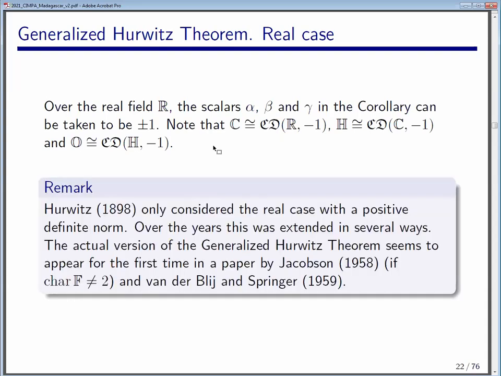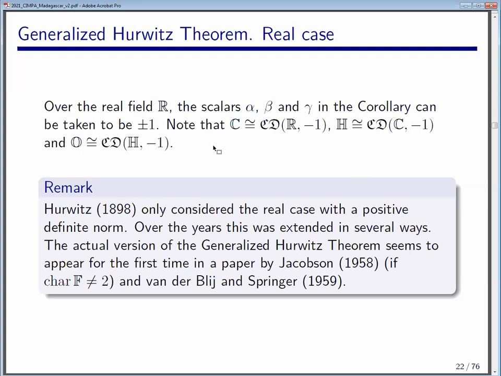Okay. Well, the history of this theorem: the first day I told you a little bit about history, about the discovery of quaternions, octonions, and so on. But a real classification took more years, and actually Hurwitz proved this theorem in the real case with positive definite norm. Later on, a few years later, it was proved essentially in characteristic 0.